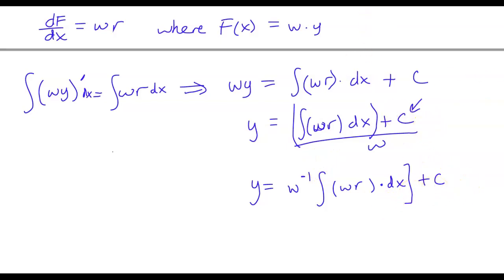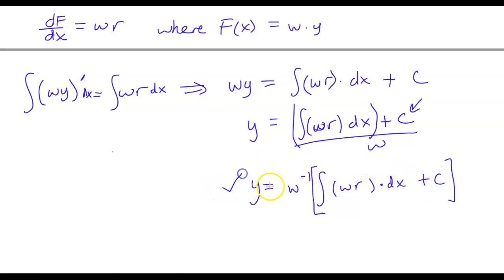Notice that w is divided by everything here. So when you write it as w raised to the -1, you have to multiply it times the integral of the product of w and r dx, plus then you have to multiply it again times this integration constant c.